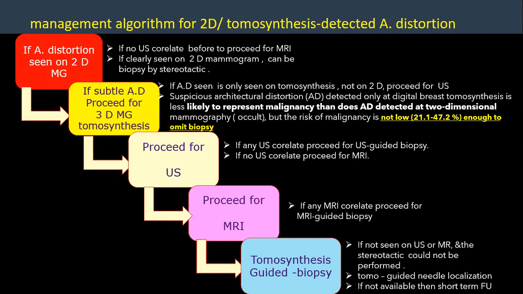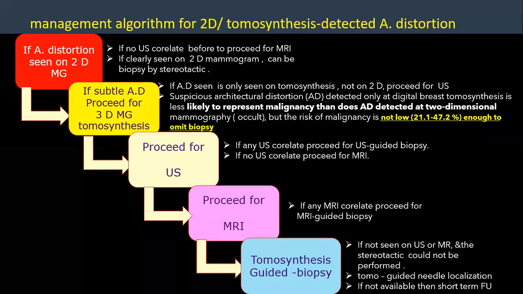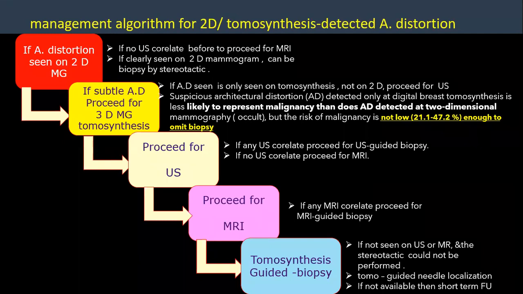You might see architectural distortion in 3D not seen on 2D, and as we mentioned before, up to 47% of architectural distortions are detected on tomosynthesis while being occult on conventional 2D mammography.